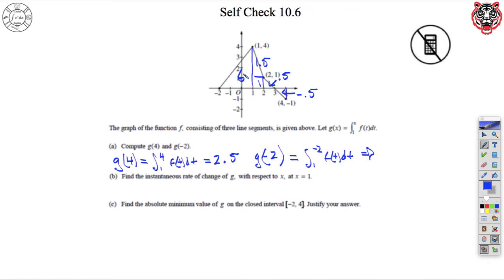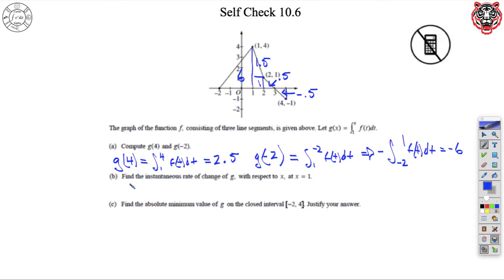I think it's 6. Yeah. It looks like it's 4 by 4, but okay. So this turns into a negative integral between negative 2 and 1 of f of t dt, and the area is 6 there, so it's going to be negative 6.